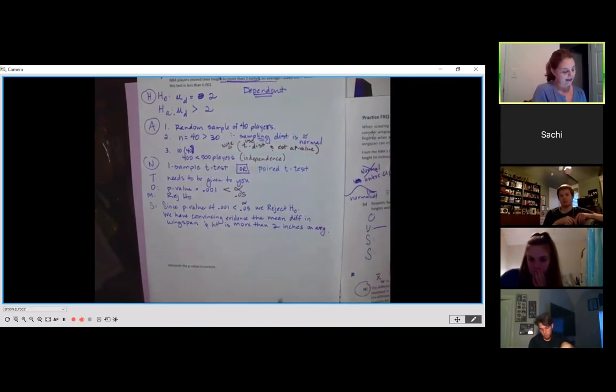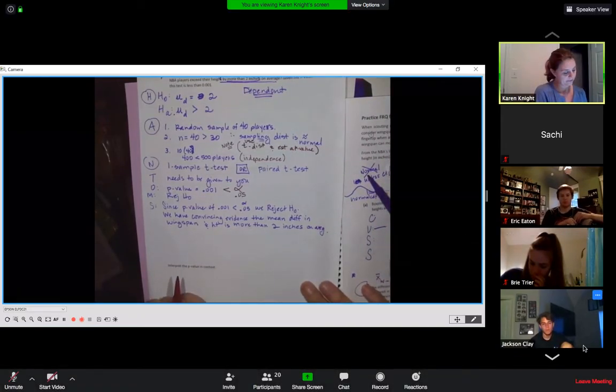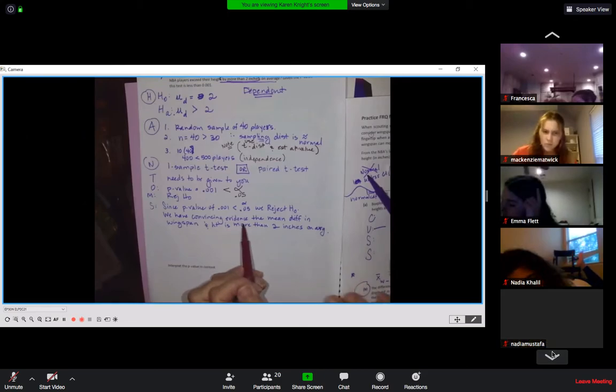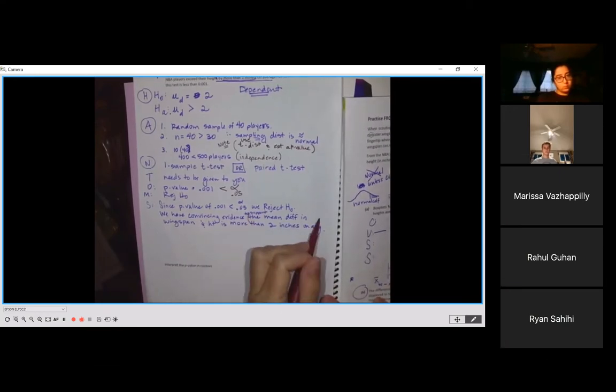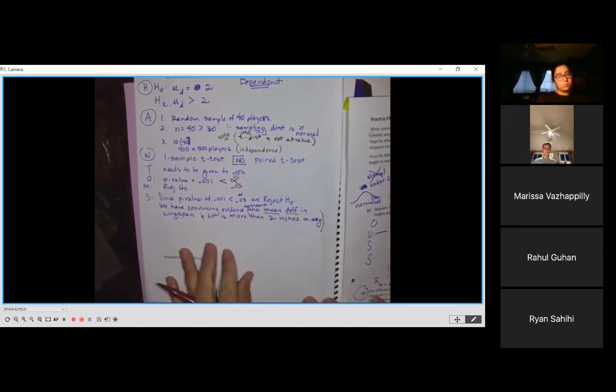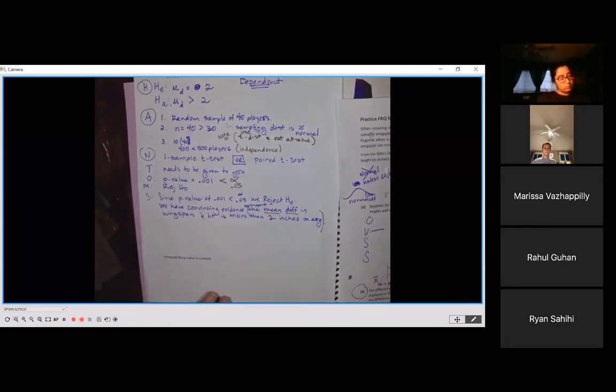Okay, another way you could say it: we have convincing evidence to support. All right, so we can phrase it that way. I just wanted to talk about mean difference, not difference between the means.